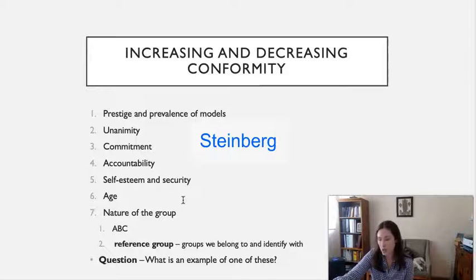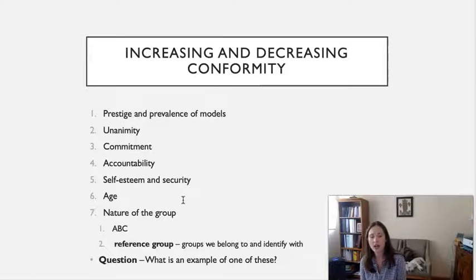For Steinberg, what they did was they had young adults as the participants, and they were told about behaviors that could either be seen as risky or as exciting. So is this dangerous or is this exciting?